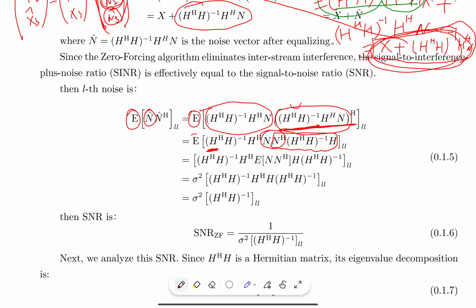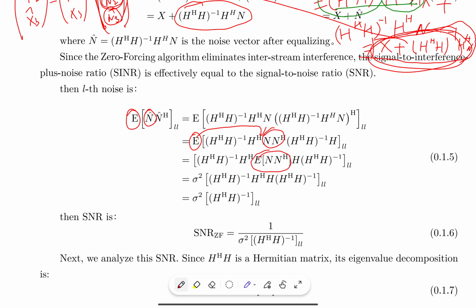So the expectation computation is only on the noise.